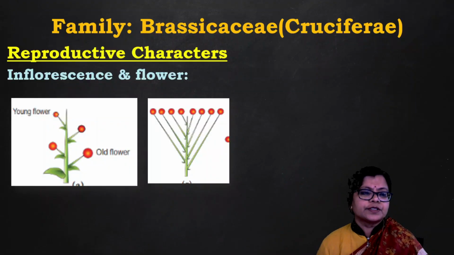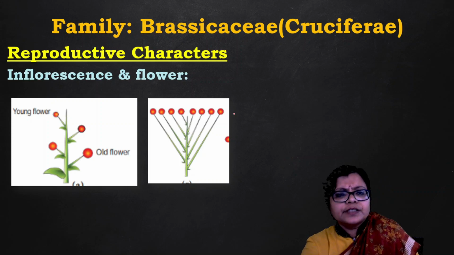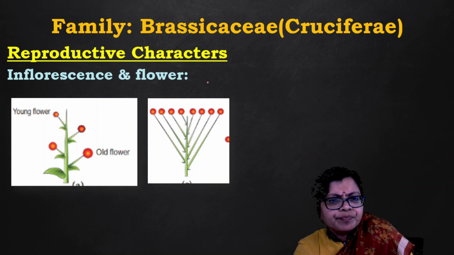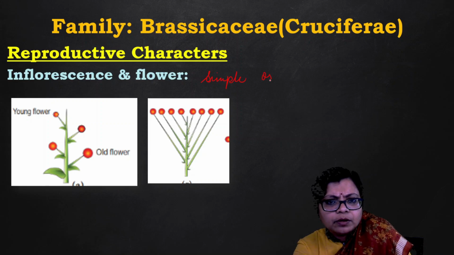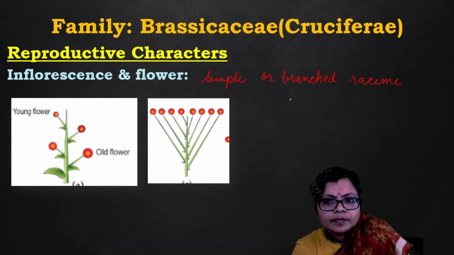Now the inflorescence. What type of inflorescence we observe in the members of this family? That is simple or branched raceme or corymb.